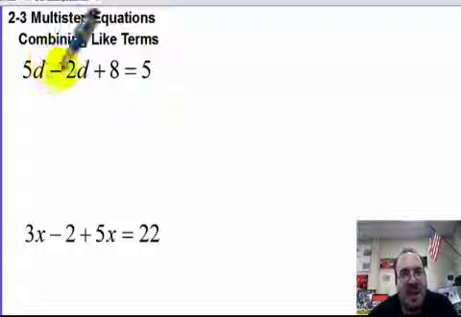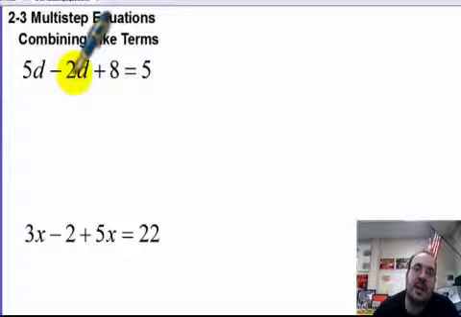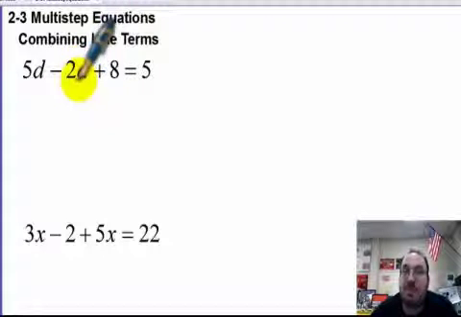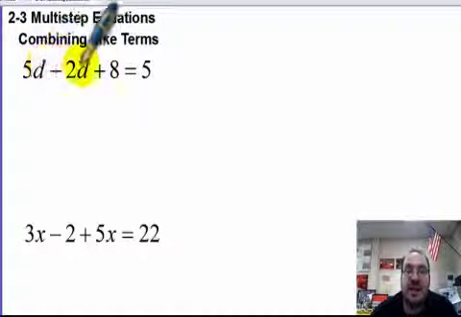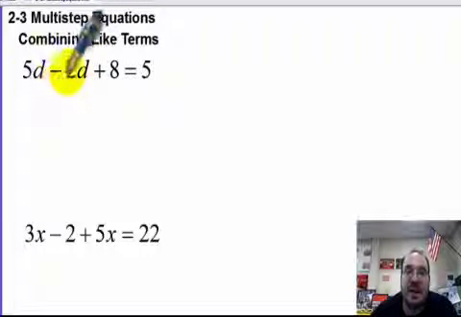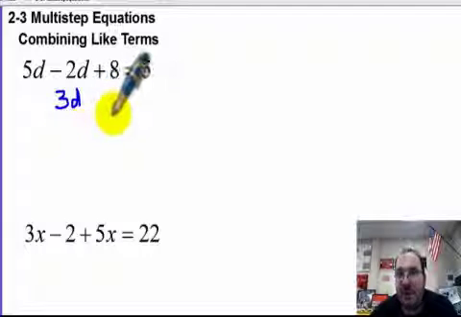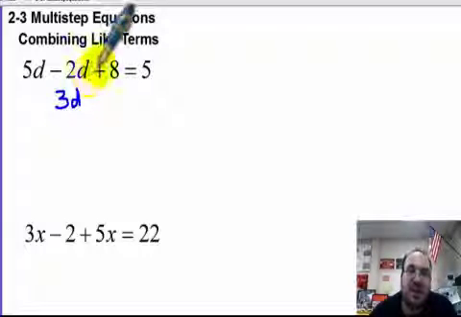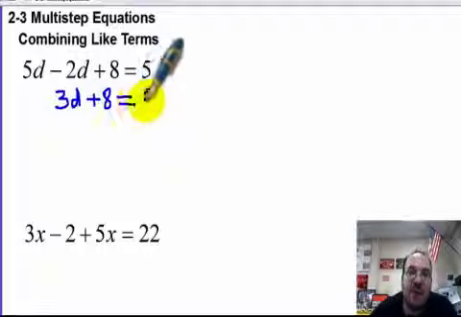Okay, so let's talk about combining like terms. Now, we actually combined like terms in Chapter 1 already, and that's the first step to solving this problem. So I notice here I have 5D minus 2D. And 5 minus 2, I get 3D, which is one of my favorite formats for TV also, 3D. It's pretty cool. So 3D plus 8 equals 5.